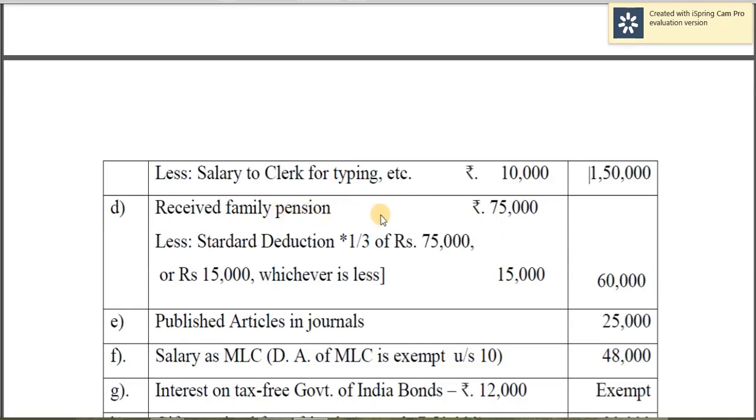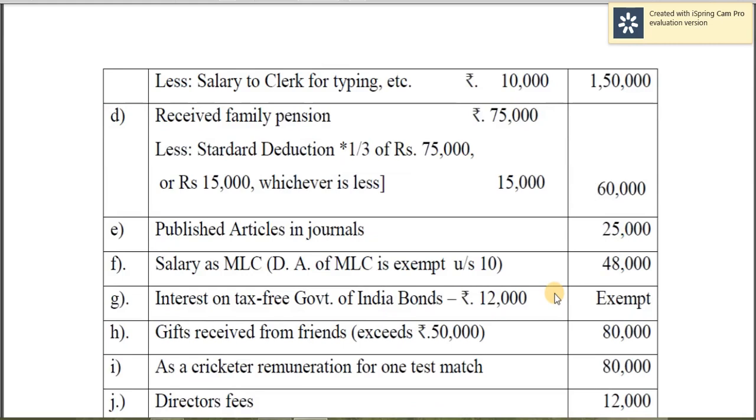Received family pension 75,000, but a standard deduction is allowed here. So that is 1/3 of family pension received, or rupees 15,000, whichever is less. So 15,000 is lesser. So if you deduct, the remaining amount is 60,000. Published articles in journals, so 25,000 taxable.